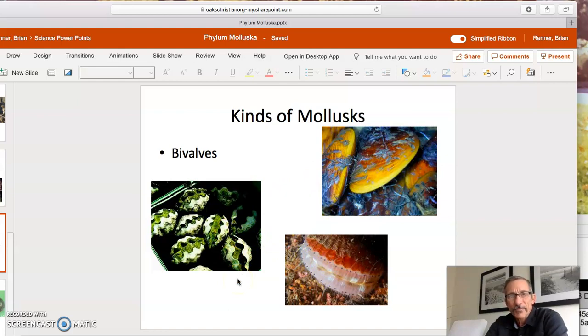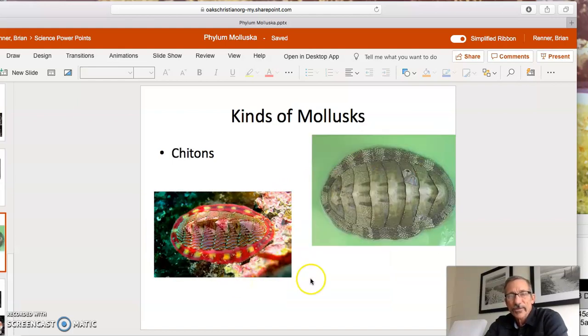So clams, scallops, oysters, things like that. Okay, so the bivalves. And here's an interesting creature called the chiton. What's odd about him is he's got 1, 2, 3, 4, 5, 6, 7, 8 little shells that are hinged. Might remind you of a roly-poly bug. What he's able to do with these hinged plates is live on more curved surfaces, like in a tide pool, on the edge of a rock, whereas a snail, whose shell does not bend, can't live on the edge of a sharp piece of rock or even a sharply curved piece of rock, because that would expose part of his body to predators.